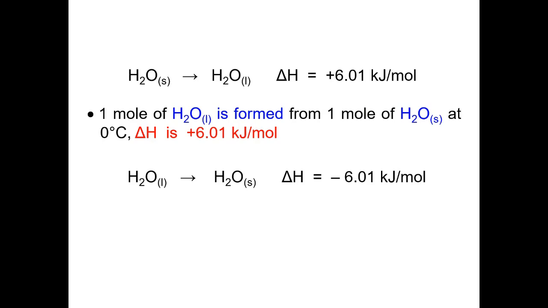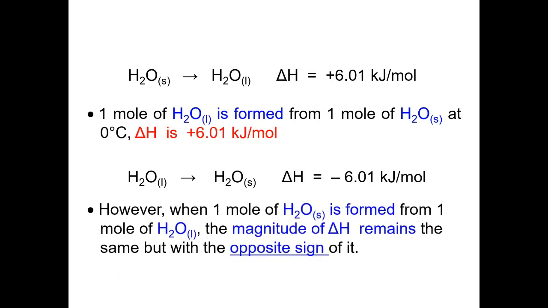The reaction is exothermic. It shows that when 1 mole of H2O solid is formed from 1 mole of H2O liquid, the magnitude of delta H remains the same, but with the opposite sign. Positive for endothermic and negative for exothermic.